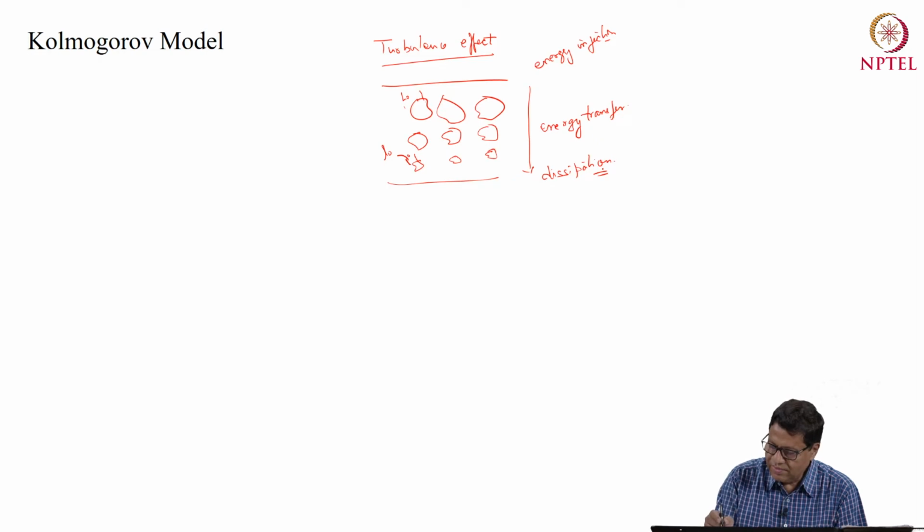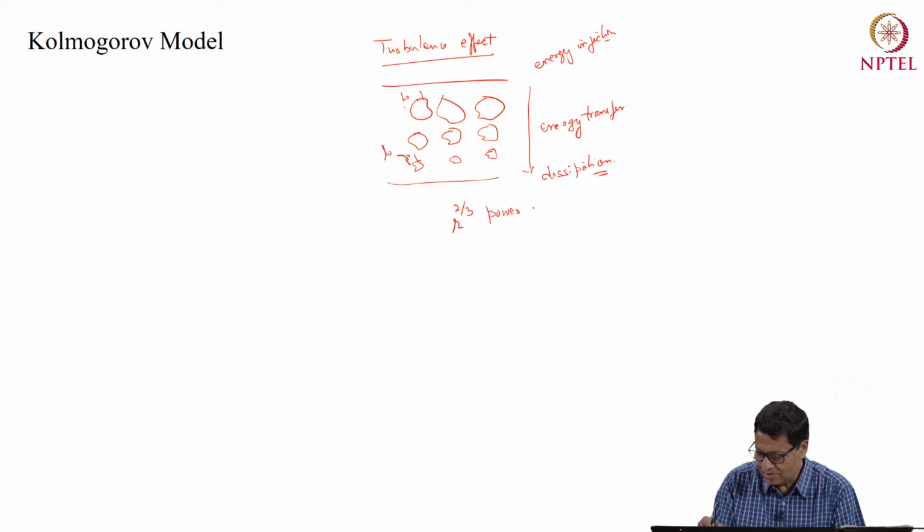Now this effect, as per Kolmogorov, follows a standard r raised to the power 2/3 law. I'll explain this.